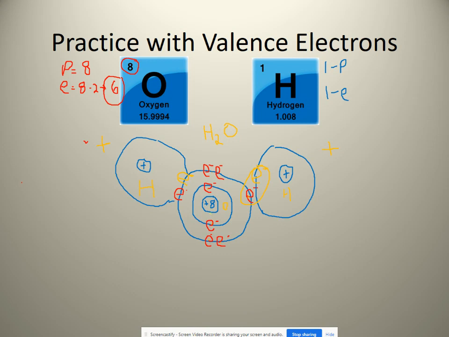So there's 2 more negatives here, which means oxygen is very negative. So oxygen becomes very negative. So water forms something called a polar molecule where we have positives and negatives.